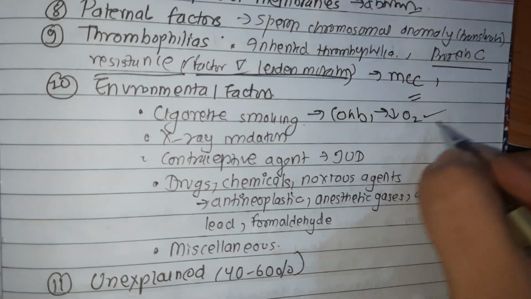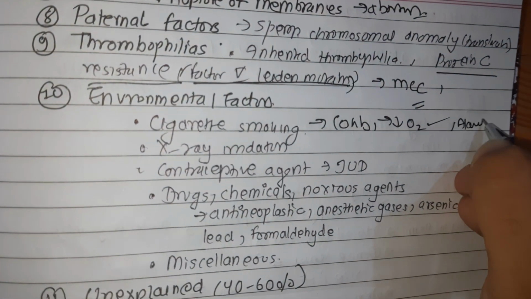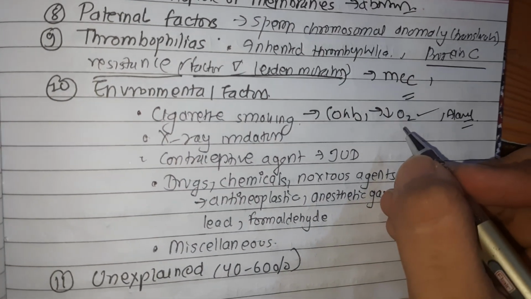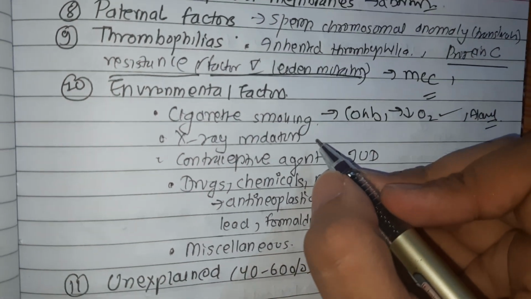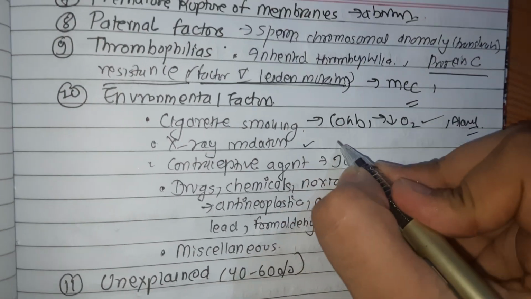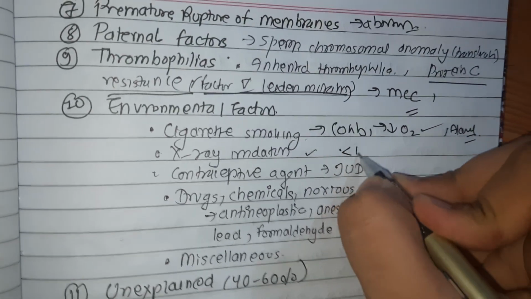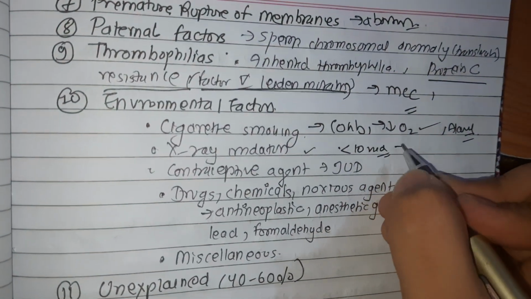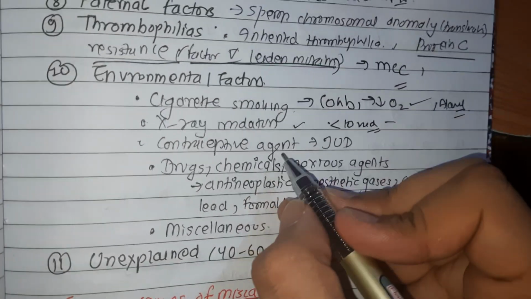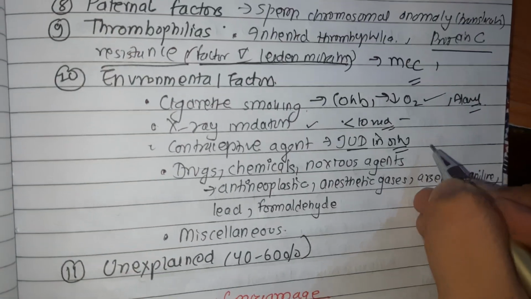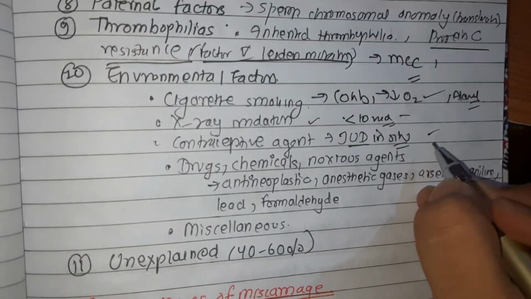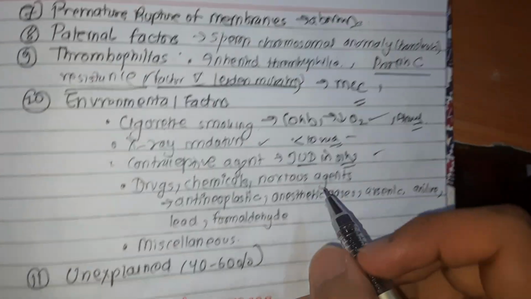And alcohol should be avoided during pregnancy. And X-ray irradiation is known to cause abortion, but X-ray exposure less than 10 rad has less risk. And we have the contraceptive agent like IUD, in situ IUD increases the risk for abortion, but the oral pill does not have any effect.